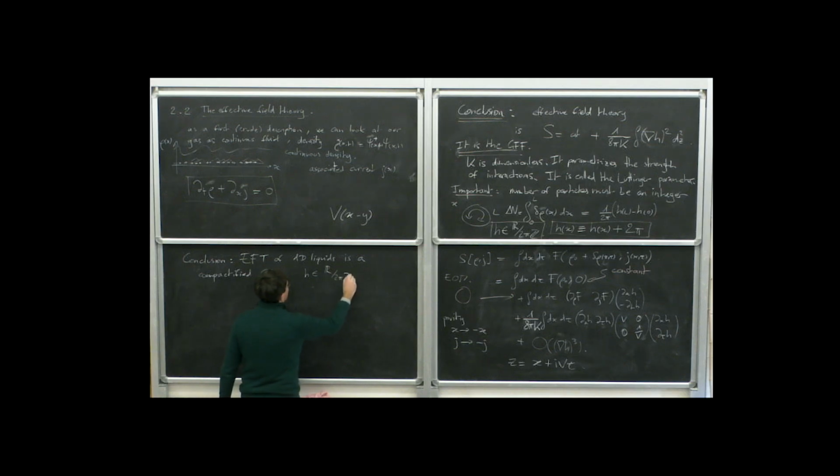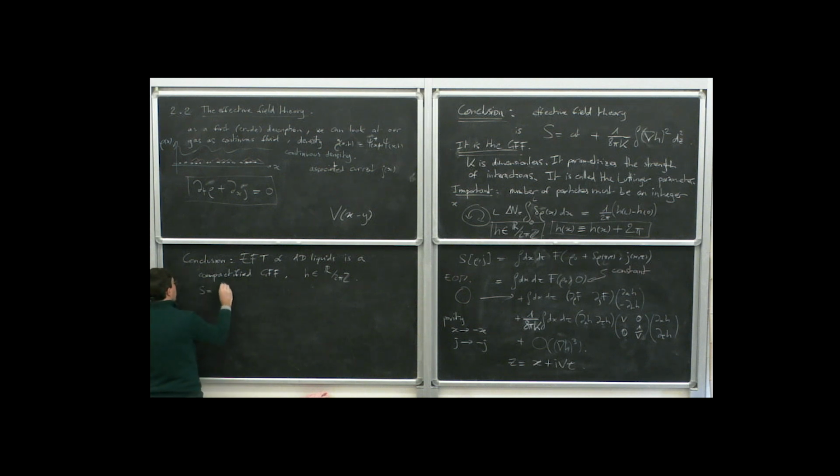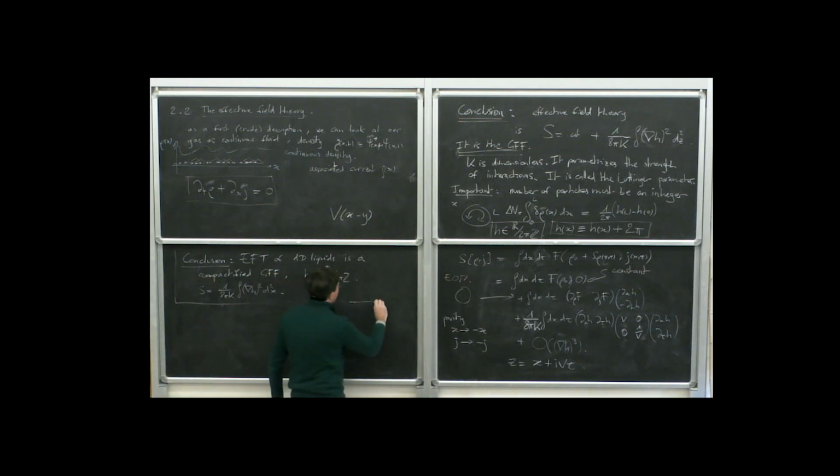So the field takes values modulo 2 pi, and the action has this prefactor 1 over 8 pi k, and k is an important parameter in the theory. It enters all correlation functions, all physical quantities that you might want to calculate involve the Luttinger parameter k. Okay, so we are there.